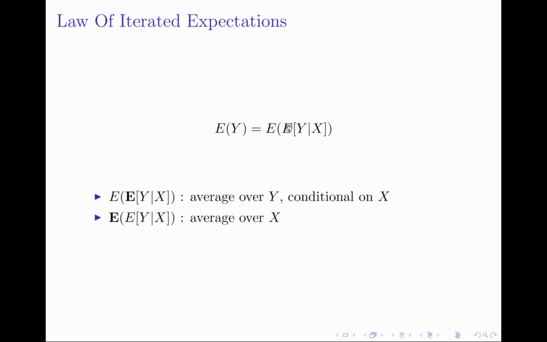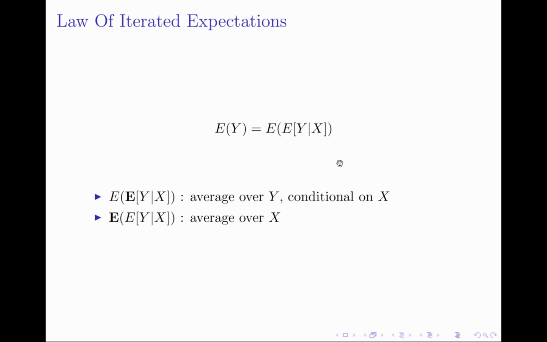The way to think about those 2 e's is that the e on the inside is taking an average over the y random variable, conditional on the x's. So you fix the x's at all of their values and take the averages over the y's. And then the outside e is averaging over the x's. What the law of iterated expectations says is that whether you do the 2 expectations or the 1 expectation, you get the same answer.